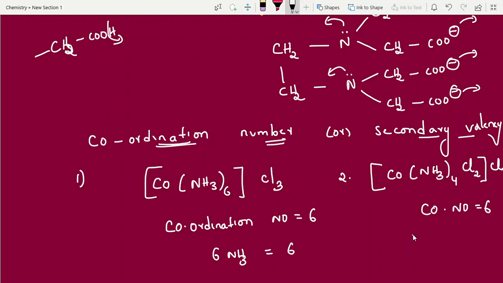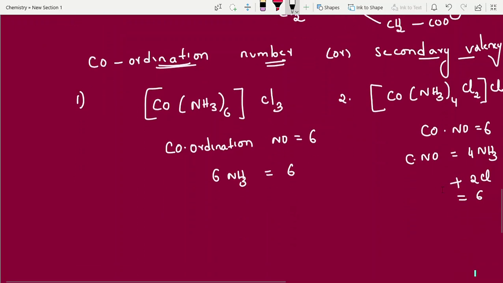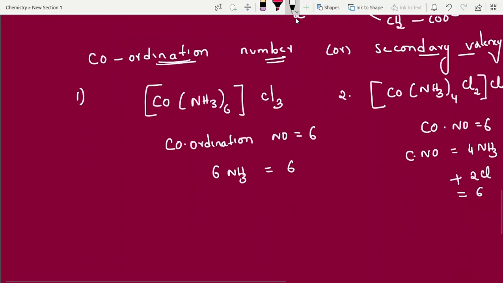Here, how to calculate the coordination number: 4 ammonia molecules plus 2 chlorine, so 4 plus 2, totally 6. Here coordination number 6, here also 6. But what is the difference, students? This is a homoleptic complex.